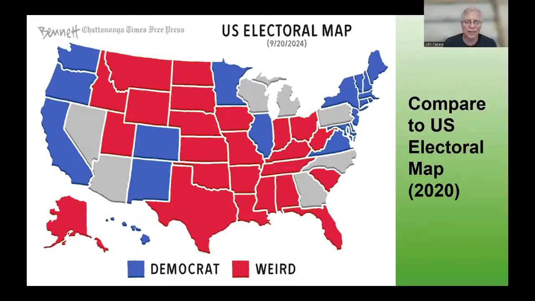We see the familiar blue blocks across the West Coast, the Northeast, and parts of the upper Midwest, representing Democratic strongholds. Conversely, we see massive bands of red across the South, the Plains states, and the Mountain West. The graphic was actually lifted from a newspaper cartoon, which explains that the red states are humorously classified as weird.